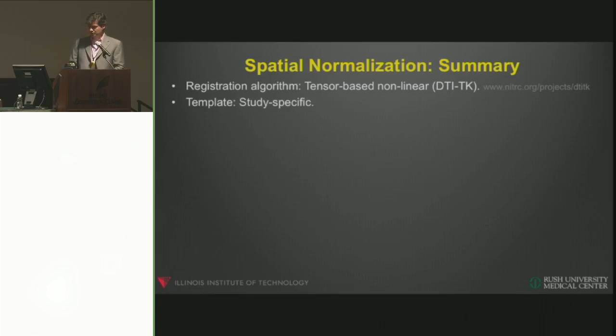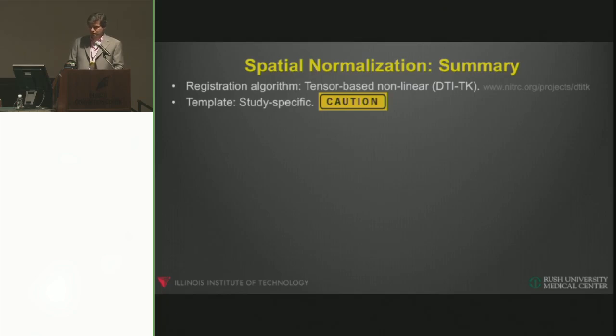In terms of the templates, again, study-specific templates are theoretically most representative of your data. However, you need to exercise caution here because, again, if study-specific templates are not very carefully constructed, they don't perform as well. They're not as representative of your individual data.